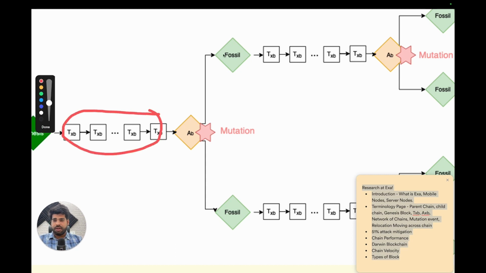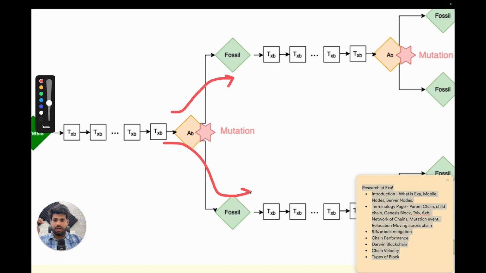This one and this one, both of them will have this information of the previous chain. These fossil blocks will also have information about what wallets or nodes were migrated to this chain and to this chain.